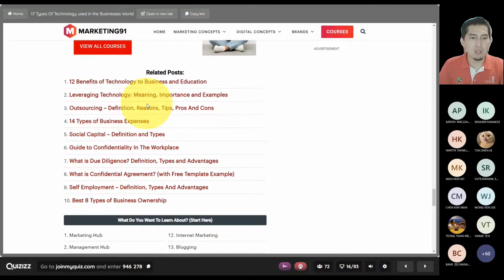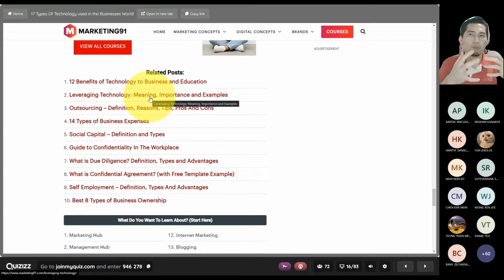Look at all this. You see there's so many different posts, and these are all just by randomly different people. 12 benefits of technology, leveraging technology, 14 types of business expenses. These can be a supporting reference if you want to show that there's multiple sites that are saying it.